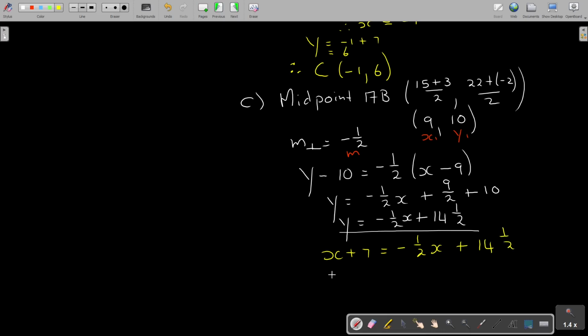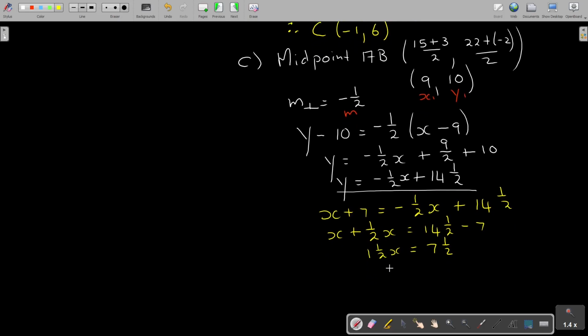Okay, so it's going to be x plus a half x is 14.5 minus 7. So it's going to be 1.5x, and this is just going to be 14.5 minus 7, so it's going to be 7.5. And if I divide this by 1.5, I'm just going to get 5. Therefore, x is 5.